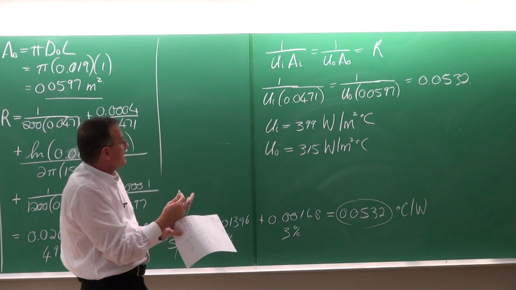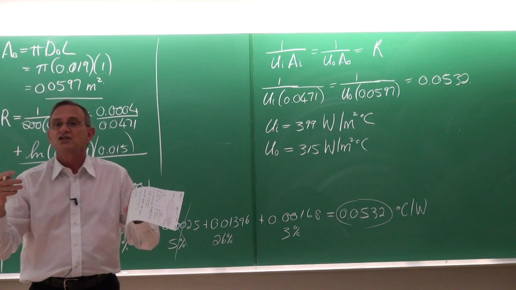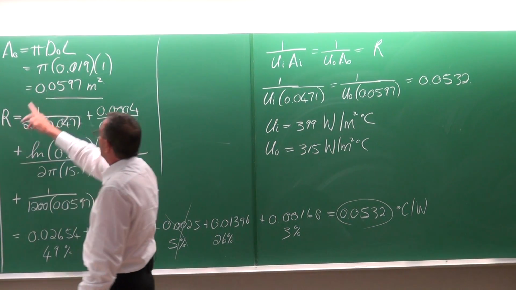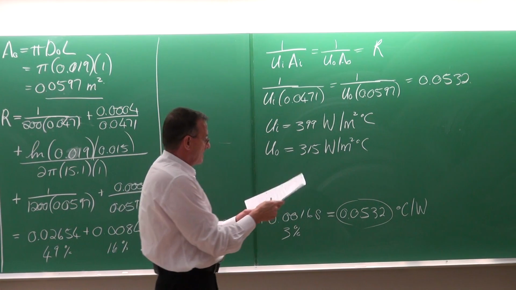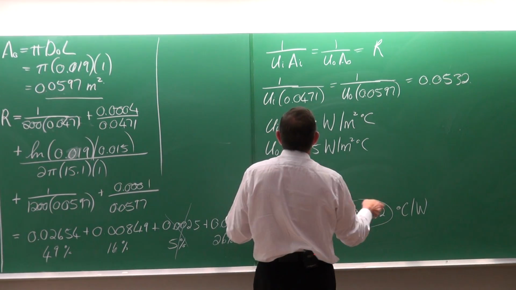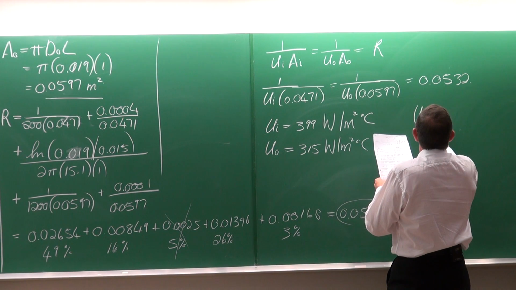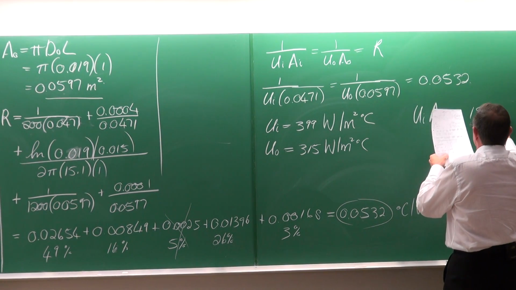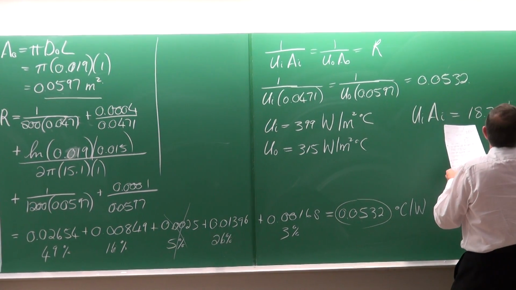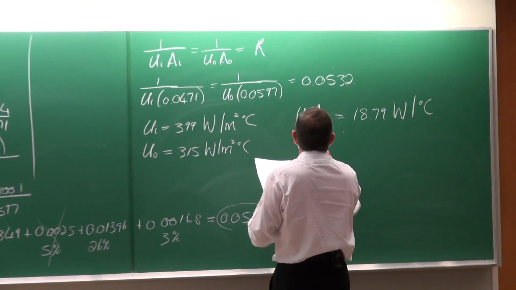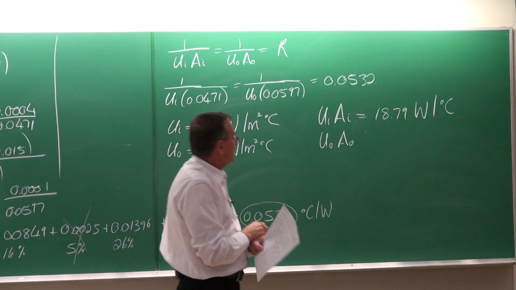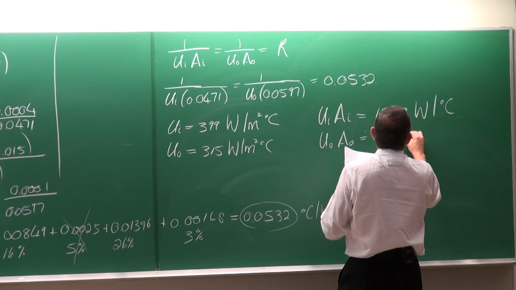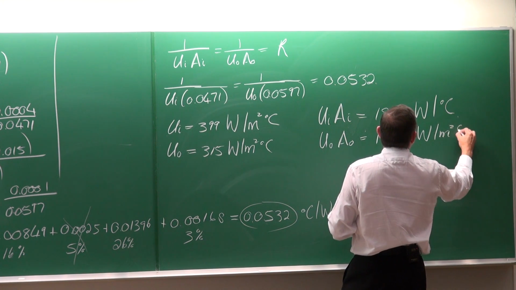So here we can see a classical case where the two overall heat transfer coefficients are not the same. Why? Because the two areas are not the same, 0.047 and 0.059. However, and that is the important thing, if we check U multiplied by the area on the inside, that would be equal to 18.79 watts per degree Celsius, and for the outside, U multiplied by the area on the outside is also 18.79.